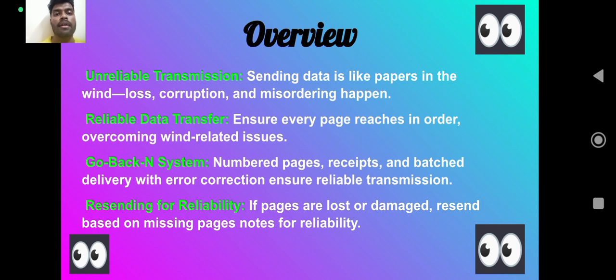Now let us see the resending for reliability. If the pages are lost or damaged, resend based on missing pages notes for reliability. That is, if the data is lost during the transmission, the sender will resend the data to the receiver so that the receiver can receive all the data.